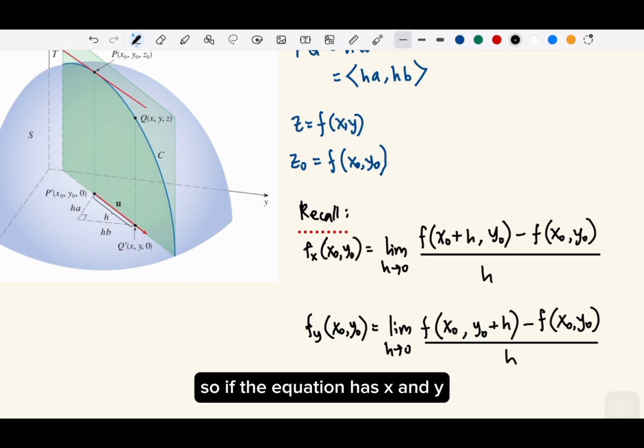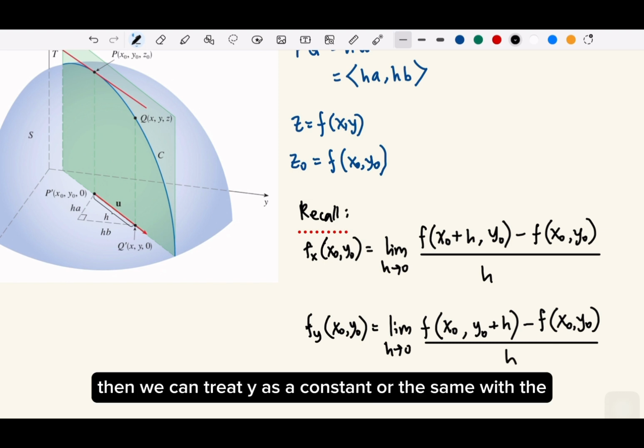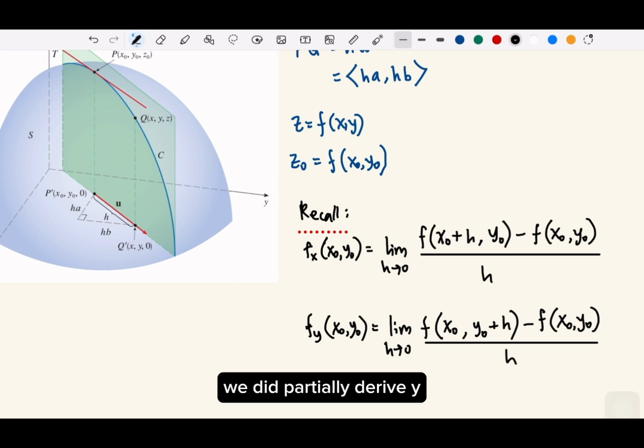So if the equation has x and y, and we want to partially derive with respect to x, then we can treat y as a constant. Or the same, if we partially derive with respect to y, then we treat x as a constant.